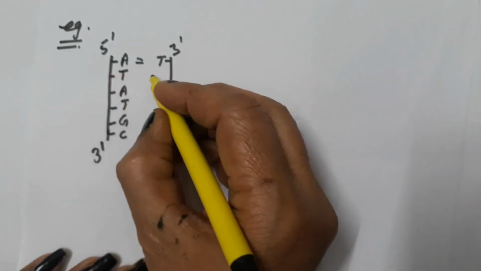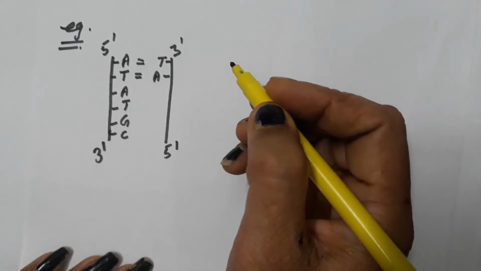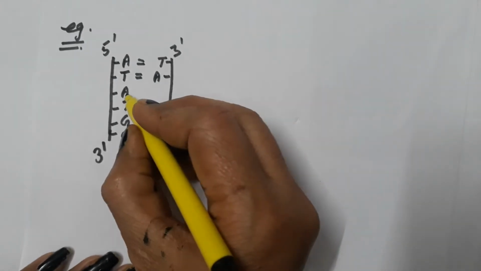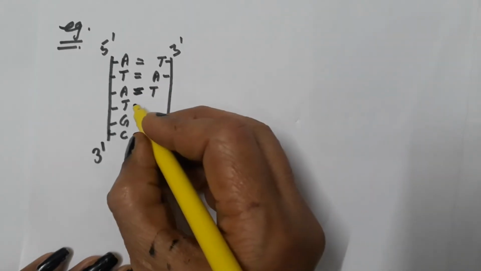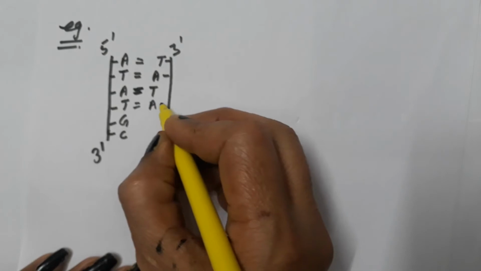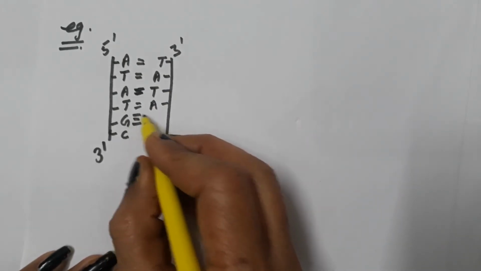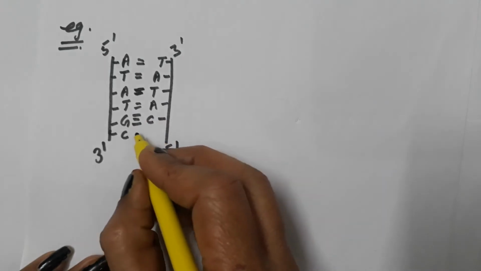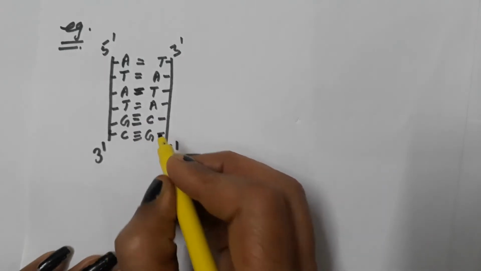In front of T, A is there, joined with double hydrogen bond. In front of A, T is there, joined with 2 hydrogen bonds. T paired with A, G paired with C with the help of 3 hydrogen bonds, C paired with G with the help of 3 hydrogen bonds.